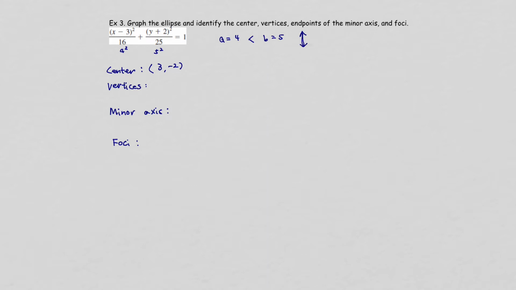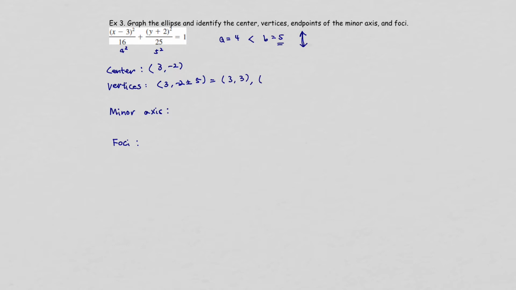So the vertex is going to be adding and subtracting 5 from the -2 value. So it will give you 3 and -2 ± 5. When you're adding 5, it will be 3.